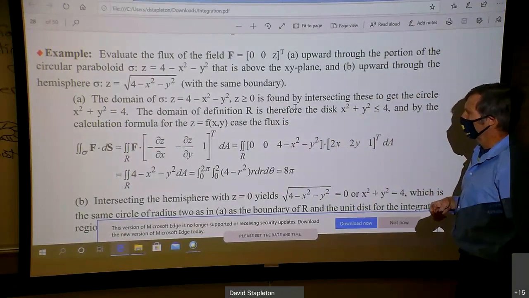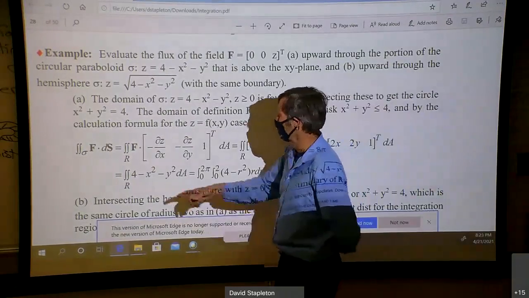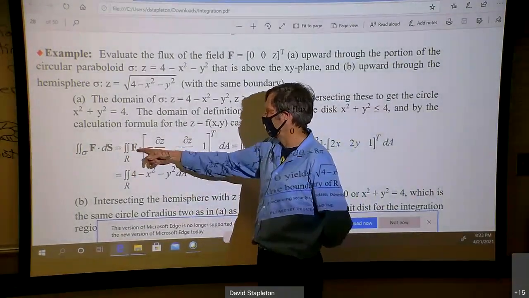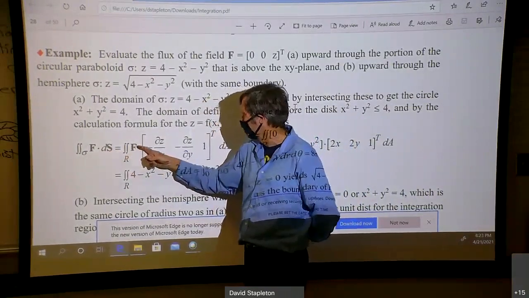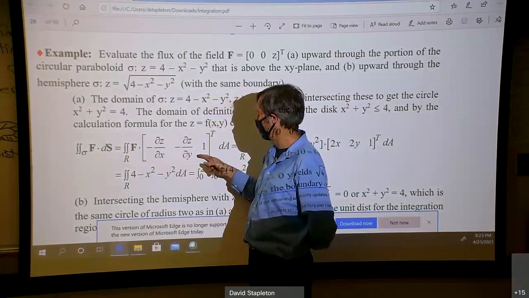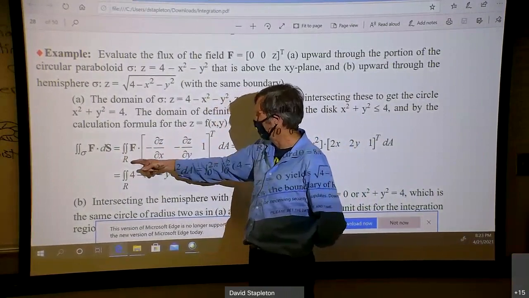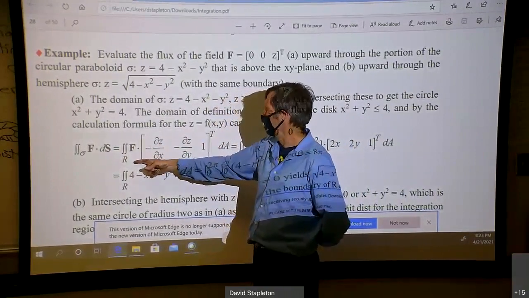And by the calculation formula, the integral of F dot dS is the double integral of F dot the upward normal over the region of projection, which was the disk of radius 2.